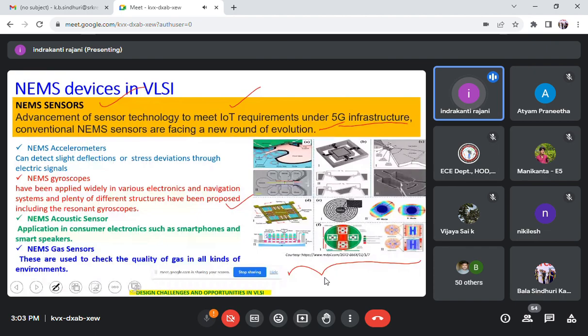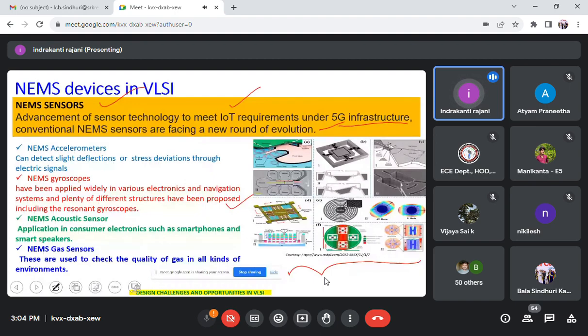And gas sensing devices. Gas sensing devices are operable in all kinds of environments. An alarming system is triggered when some gas leaks on the industry side or factory side, or in academic institutions also. If something is happening, there will be an alarm on each and every floor.